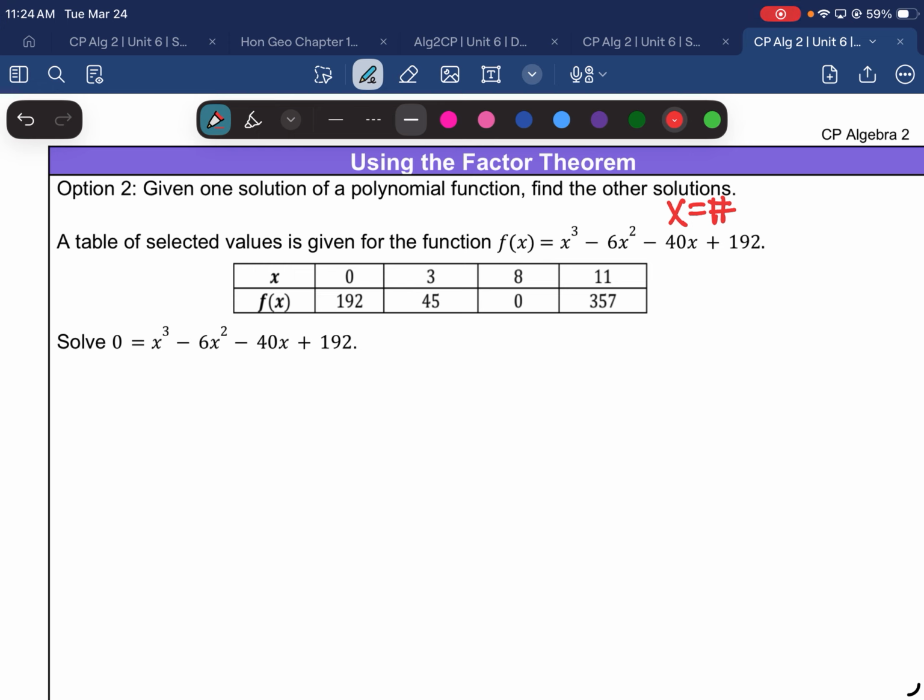So what I want you to do is look at this table. These are ordered pairs, right? X, Y. Where should I be looking in this table if I'm telling you the output is 0? Which one of these has an output of 0?